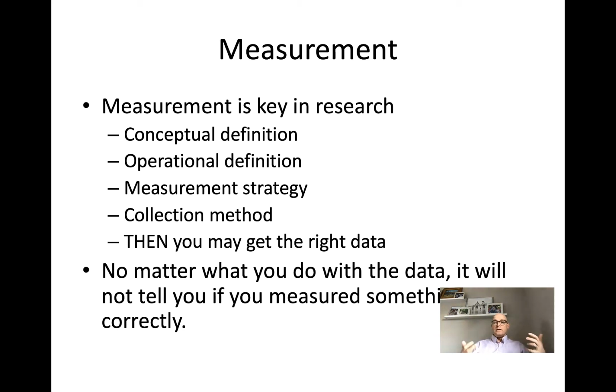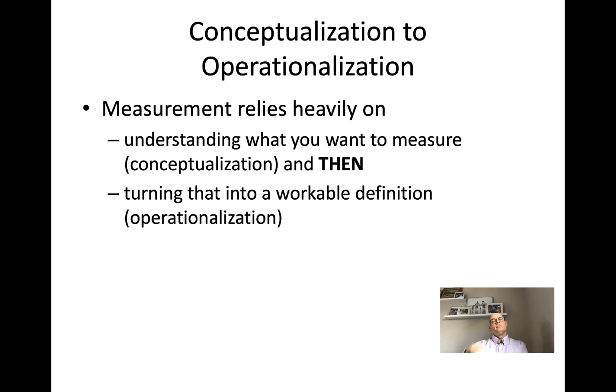And it turns out we did, and plants grew, and they revised their measurement strategy because what they were measuring didn't adequately reflect their concept. Something was wrong in their measurement. So measurement relies heavily on understanding what you want to measure. What does the concept really mean? And then turning that into a workable definition. That's called operationalization.